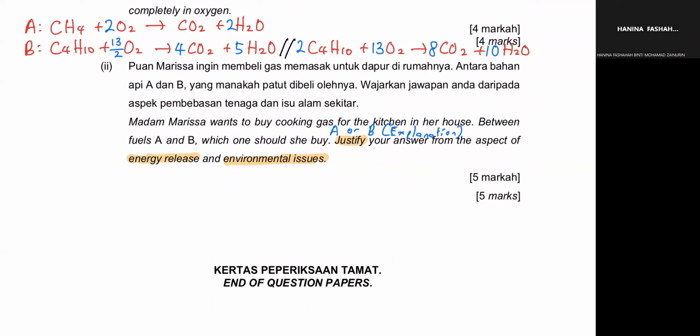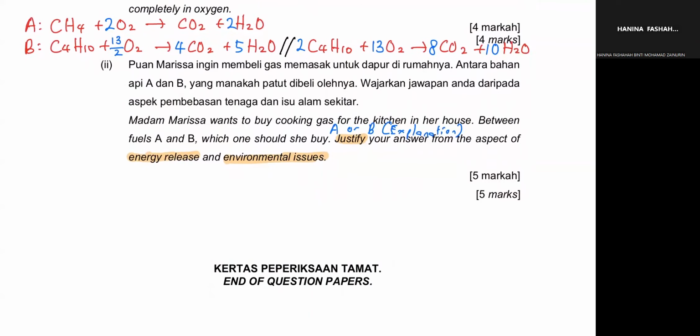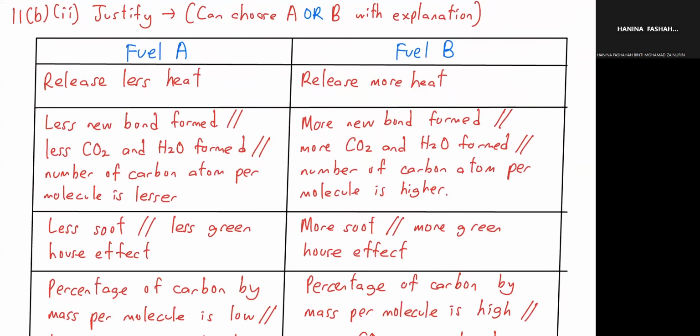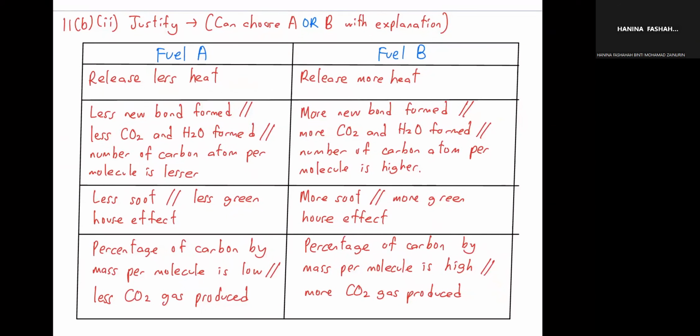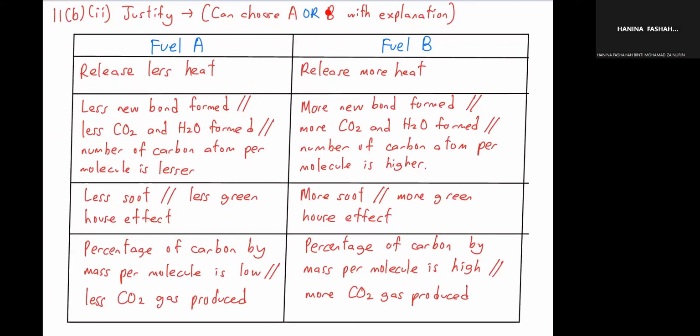Then you can give 4 reasons, 4 explanations. If you choose A, got A explanation. If you choose B, got B explanation. Choosing this one is 1 mark. Choose fuel A. Let's say you choose fuel B, 1 mark. Release this one because fuel A is what? CH4. Fuel B is C4H10.